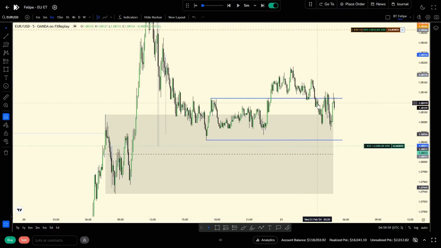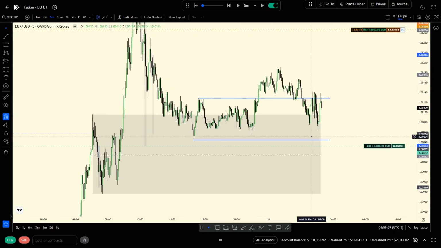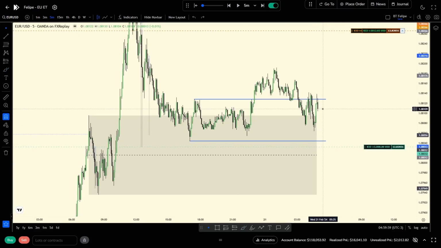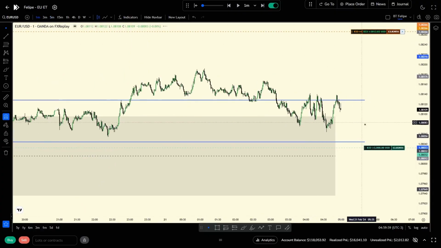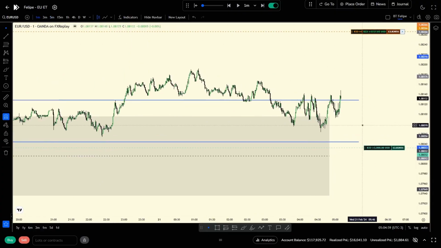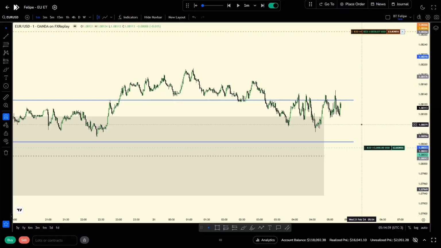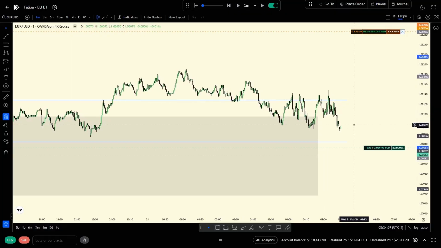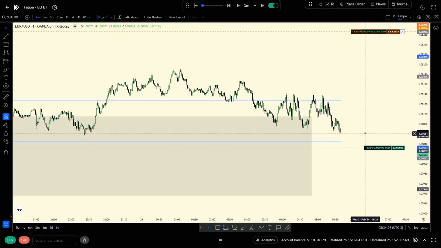You already broke here. I think I should wait for a sweep of liquidity here, and then we can start looking for longs. I don't think I want to trade now. Doesn't look that great. Let's see if a setup happens. I'll see how the chart looks.